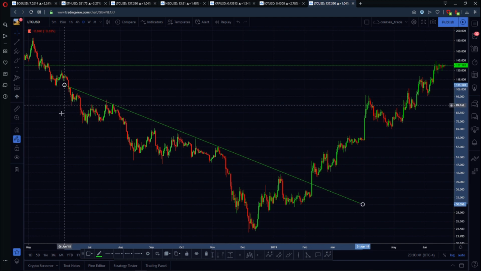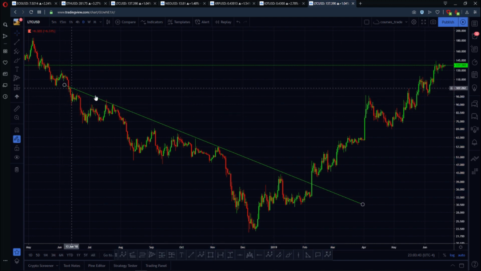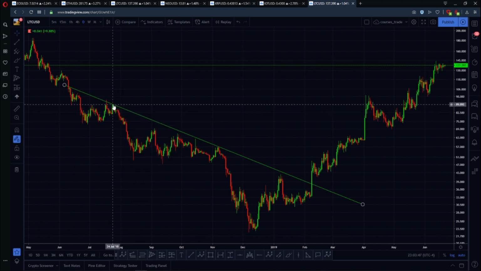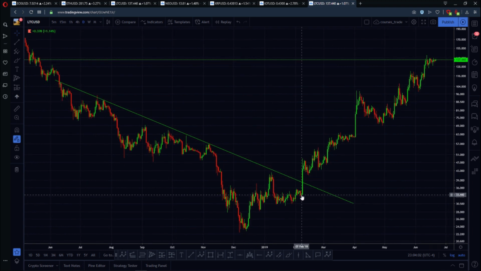Okay, so this trend line was created from July 2018 and November 2018. This can be considered as a touch, because we got very close to it in 2019, and then it got violated here.